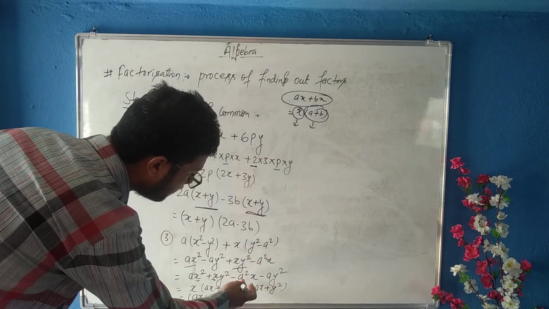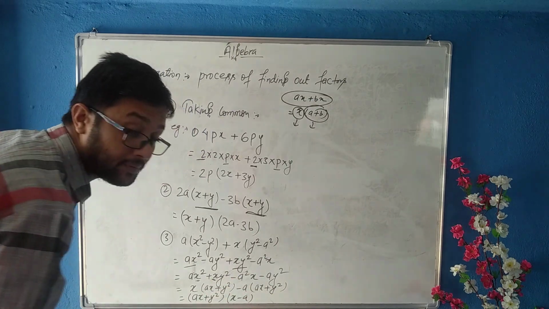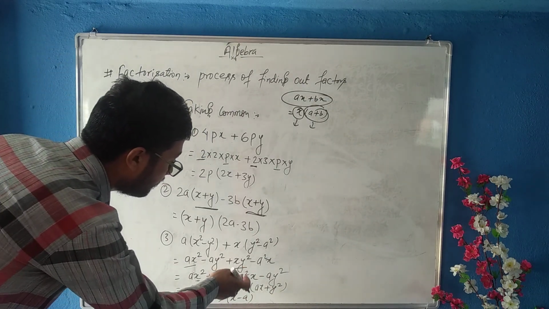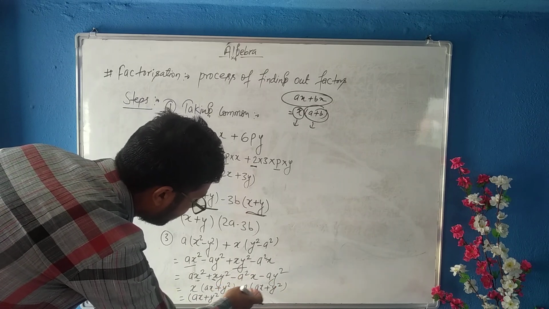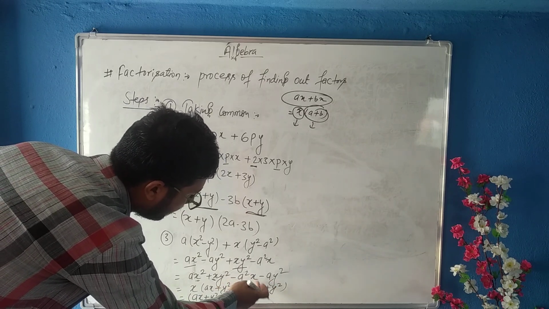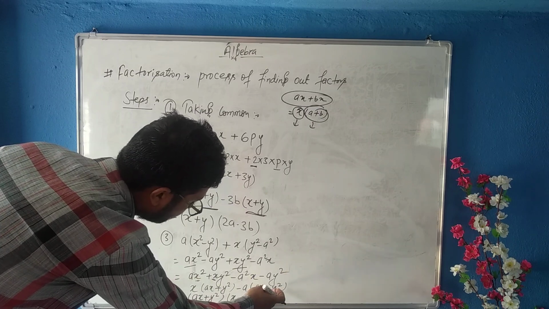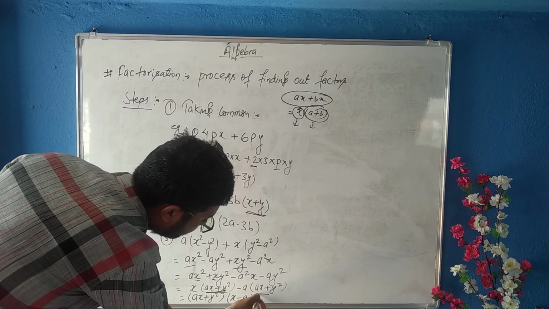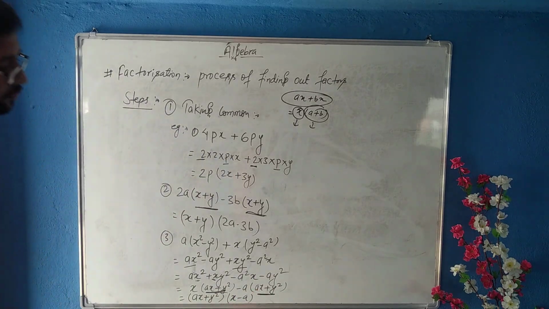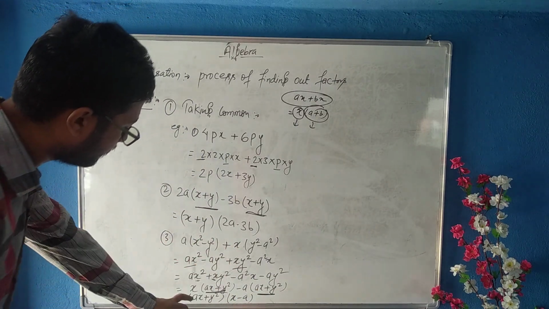Similarly in next, what is common? Minus, so at first we should take minus common here. A square means here is a, here is also a, so a common. What left here? A and x. What left here? Y square. Now here is ax y square. This part here also ax plus y square. Now both is common to both, isn't it?